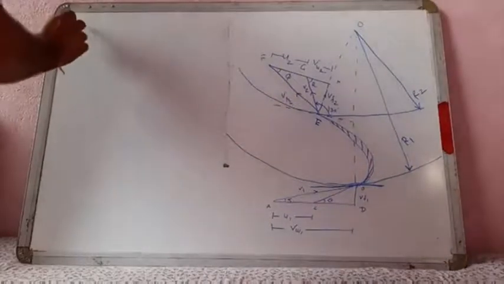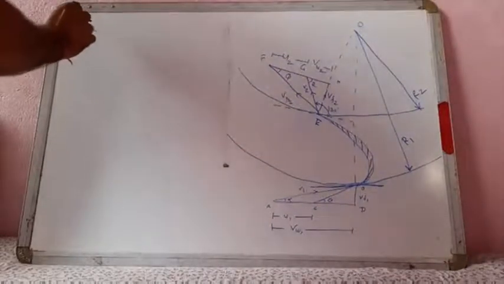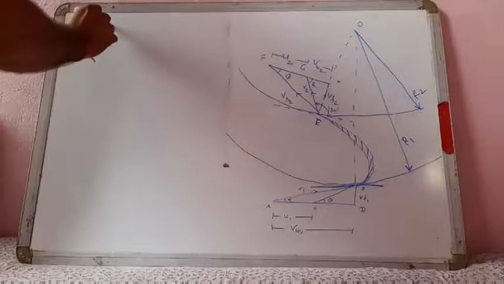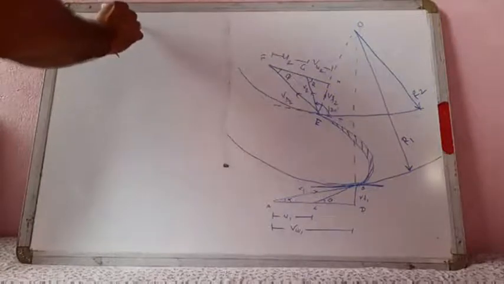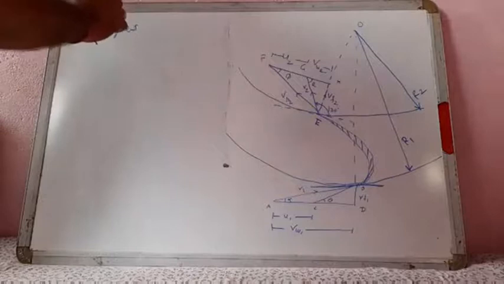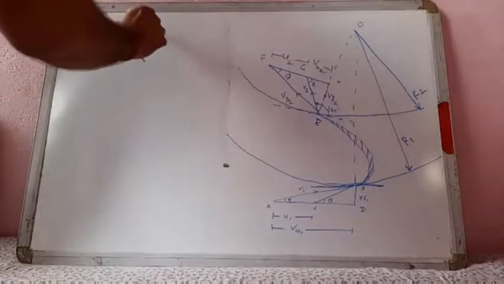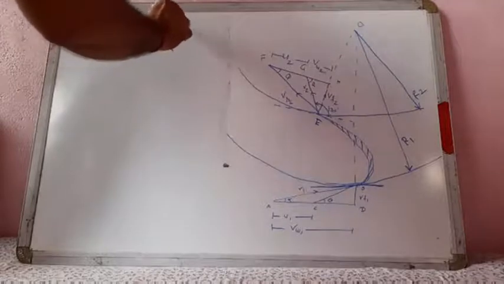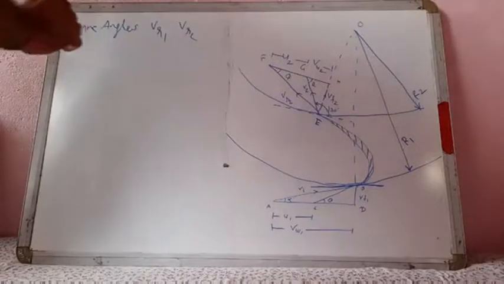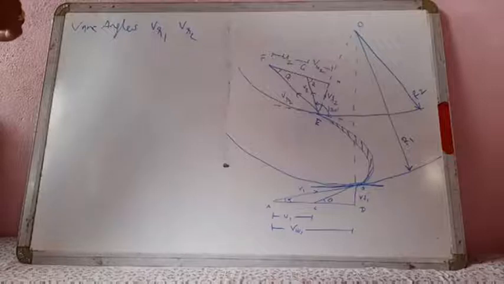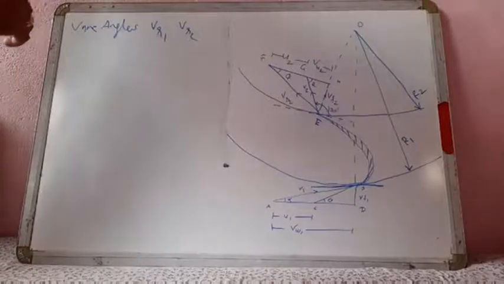Now we have to calculate the angles at inlet and outlet made by the relative velocities VR1 and VR2, that is angle theta and phi.